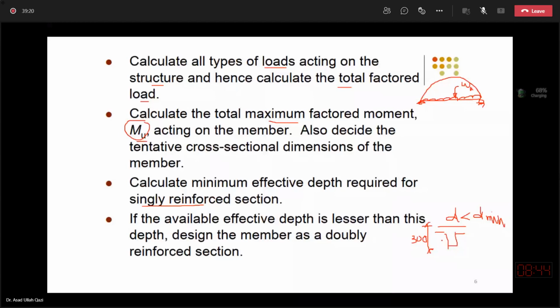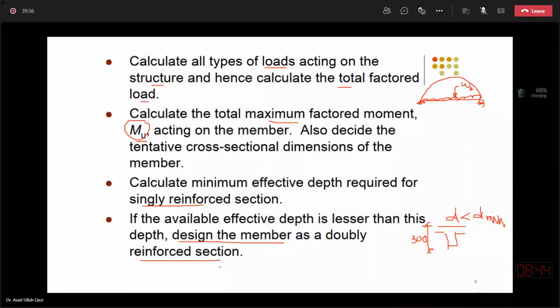And if you have the serviceability checks okay, but the minimum depth check is not okay, then the design will be done as a doubly reinforced section. It means if you still go singly, you will end up with a probably over reinforced singly beam, or maybe in the transition domain. But for a new design, we prefer to go for the ductile beam, tension controlled, under reinforced.